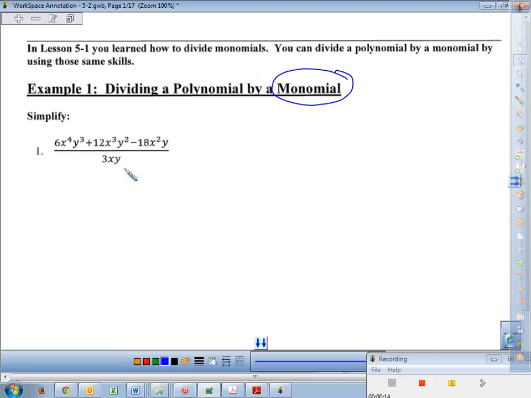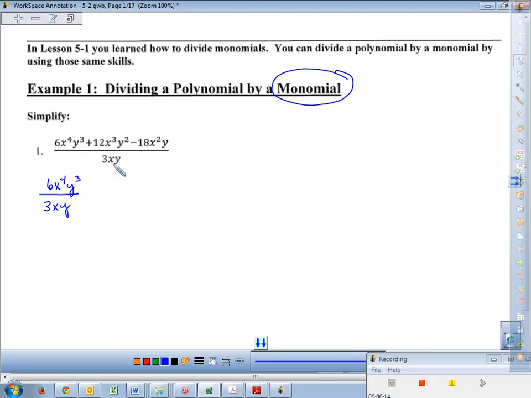Cool? We're going to do it baby step-wise because we really weren't that good at it last semester. We kind of gave up on life when we were trying to simplify this stuff. So what I want us to do is separate this. If there's three terms up top, we're going to rewrite this puppy as 6x to the fourth y cubed over 3xy.